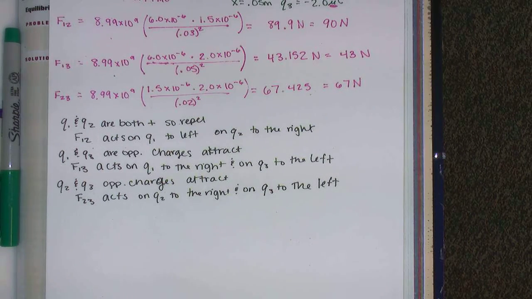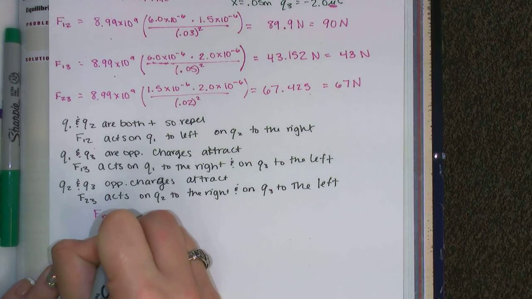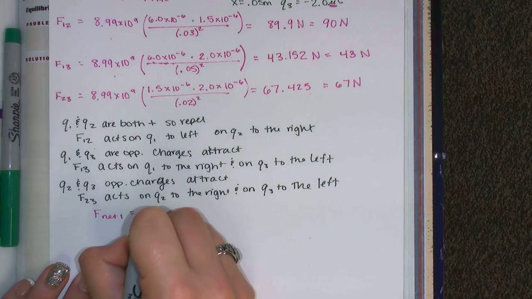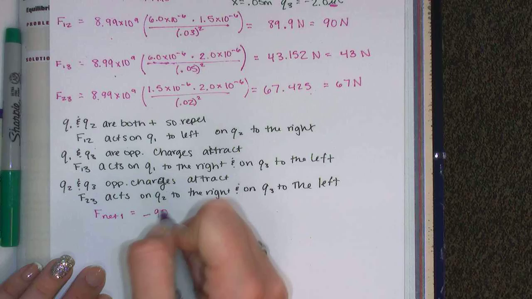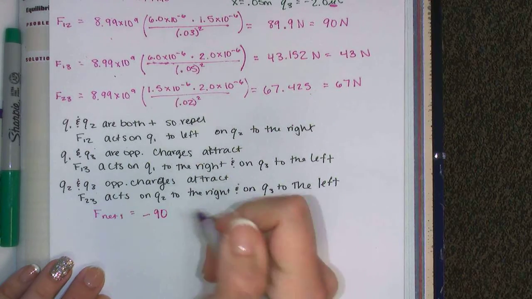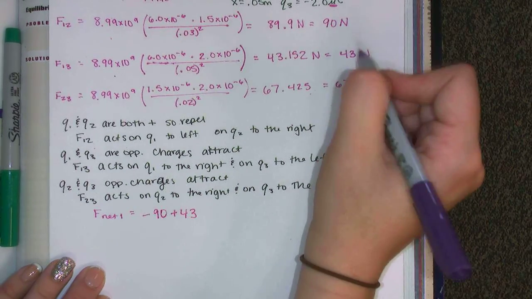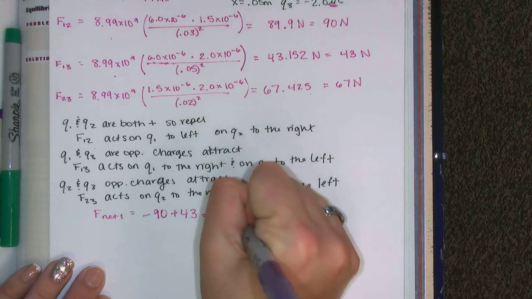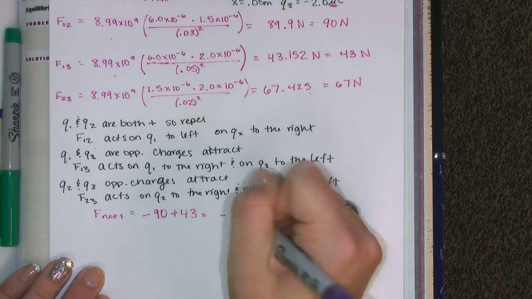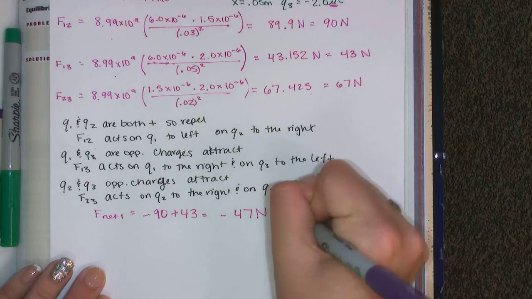So then our FNet 1 is negative 90 plus 43, so that's these two here, which is negative 47. Negative 47 newtons to the left.